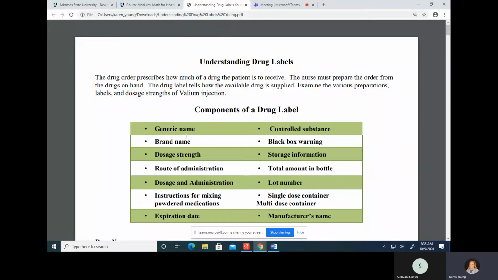The label will have a route of administration on it. A lot of times this is in the small print, or it's right under the dosage. Again, we'll look at these. It'll have the dosage and how to administer it. If it's tablets, it's going to be oral. If it's an injection, it'll sometimes say injectable, but it'll also say IM or IV or ID or subcutaneous.